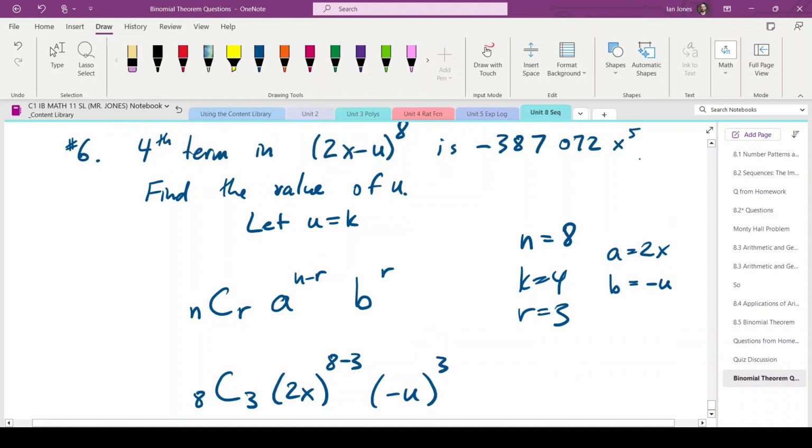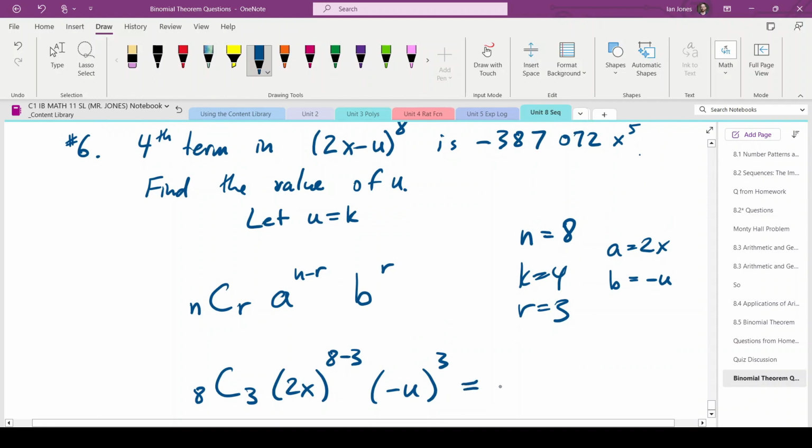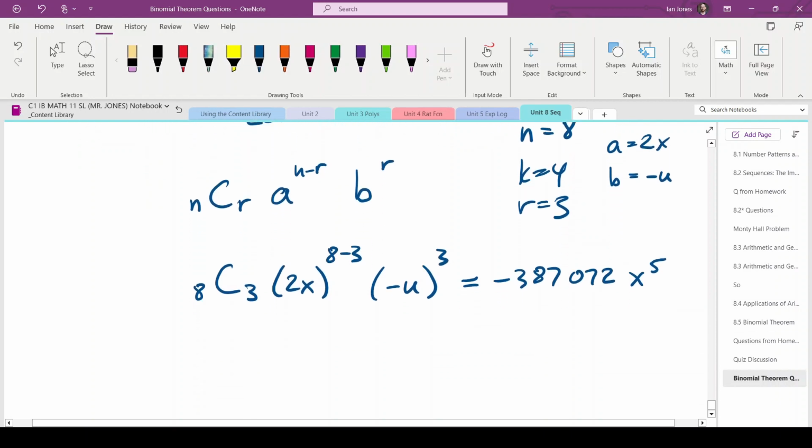Okay, and I'm told that that is equal to negative 387,072 x to the 5. All right, very well. 8 choose 3. Now, when I see that, I'm torn between using a GDC if I'm allowed one and just calculating it straight off. I probably would use the GDC in an exam situation just to make sure I don't make a miscalculation, but I'll do this one longhand here.